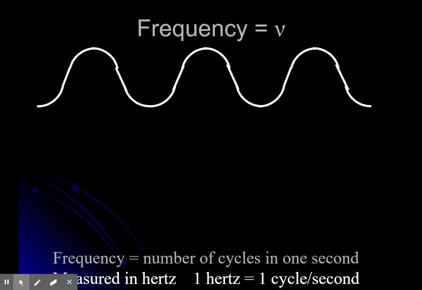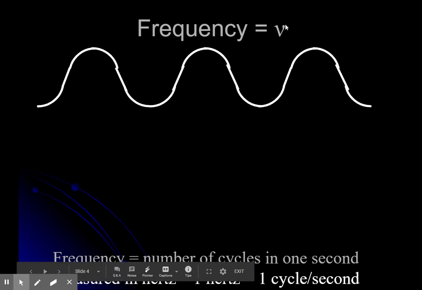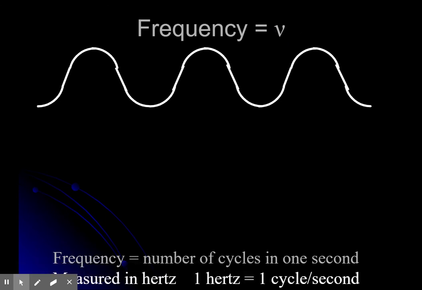Another concept about waves is frequency. Frequency is the number of cycles or waves in a second, so it's measured in hertz, abbreviated Hz. We will represent it by the letter ν here. Here I have 1 second of time, and this particular wave has three waves happen in a second.